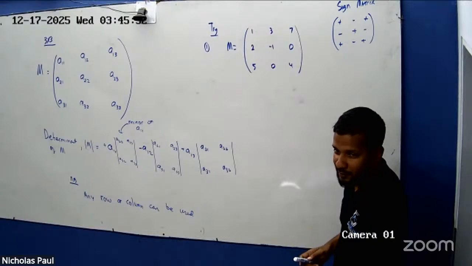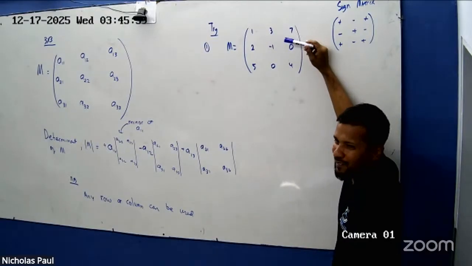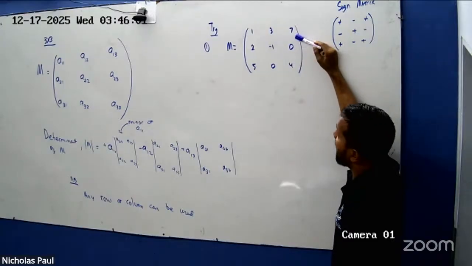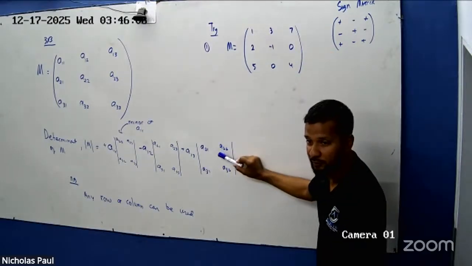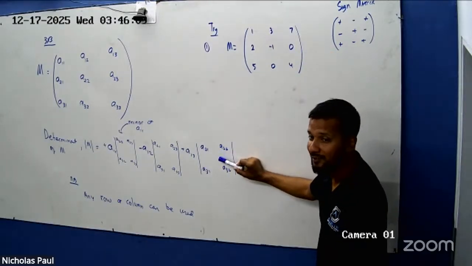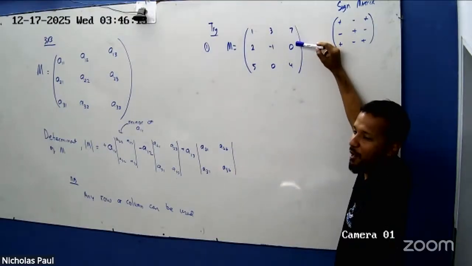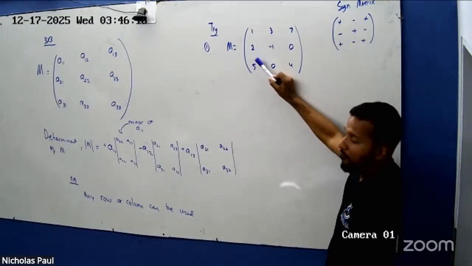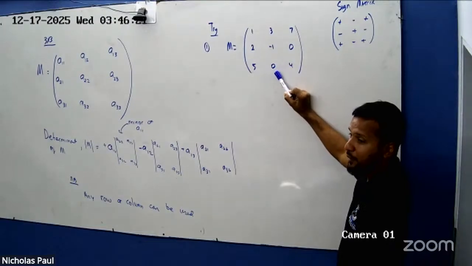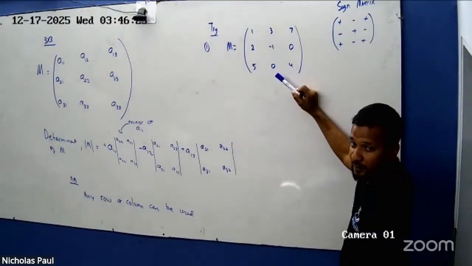No, I think first one. It doesn't matter which row you choose, but I would choose a row with a 0 because that will be one less to work out. The reason I wouldn't choose this one is because I still have a minus to work with. The reason I'll choose this one is because these stay positive and I have no negative to work with.